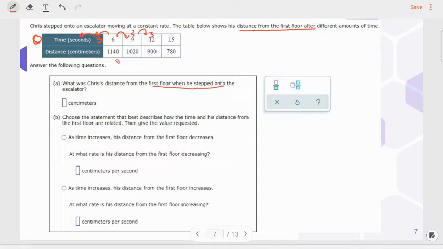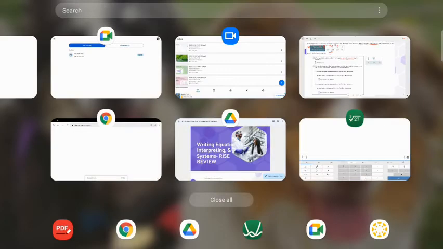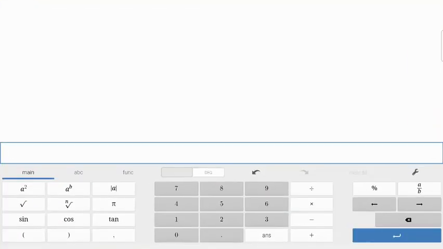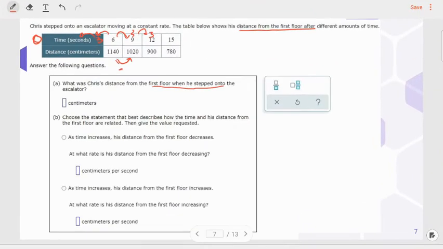So to go between 1140 and 1020, I need to first know, is it increasing or decreasing? Well, it's getting smaller. And by how much? So I'm going to take my handy dandy calculator, and I'm going to take 1140 minus 1020. And that's a change of 120.